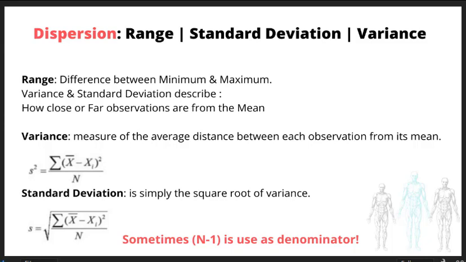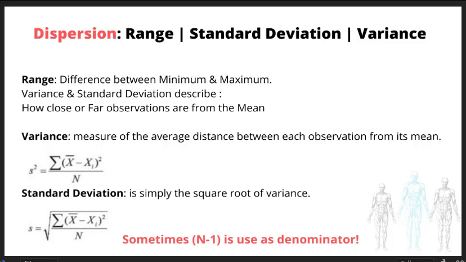To summarize, variance and standard deviation are dispersion measures. They describe how far the observations are from the mean. The farther the observations are from the mean, the larger the variance in the data will be, and the closer the observations are to the mean, the lesser the variance in the data.